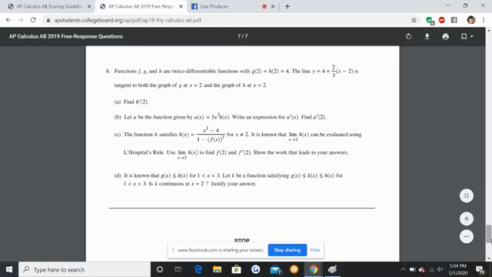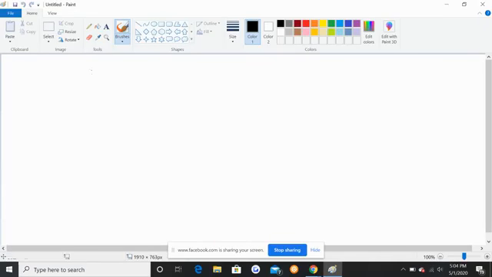Okay, so we need to first clarify a few things. First of all, because h of x is twice differentiable, it's continuous.